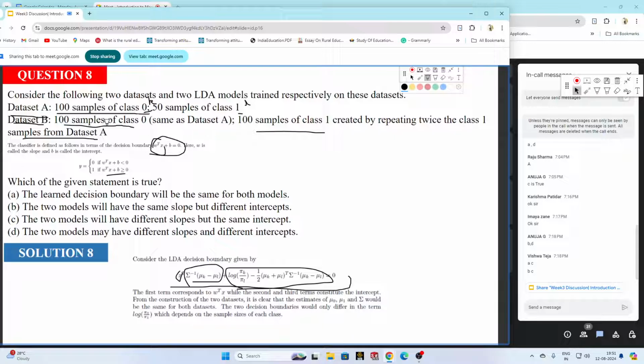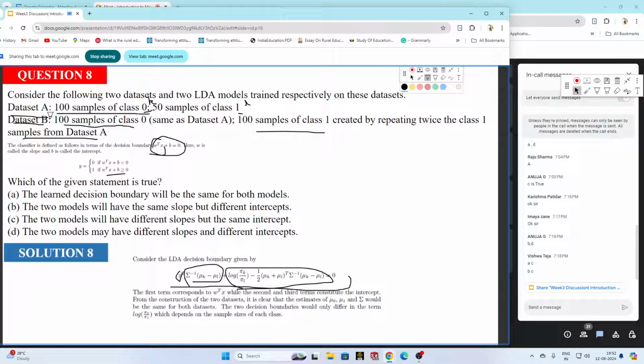That means the mean of class k in dataset A as well as dataset B, and the mean of class l in dataset A as well as dataset B, will be the same. The learned decision boundary will be the same for both models.